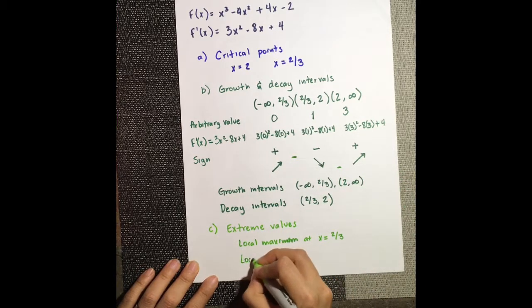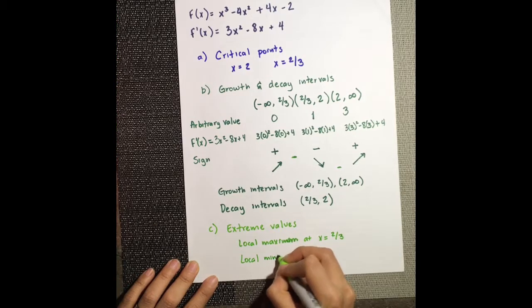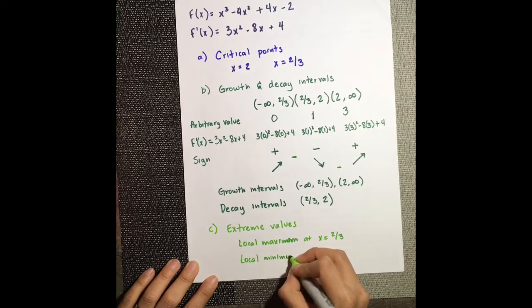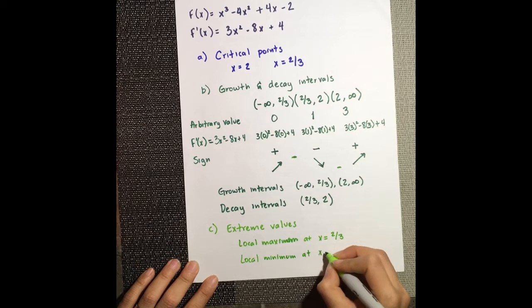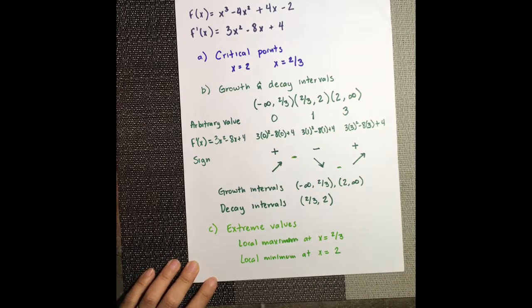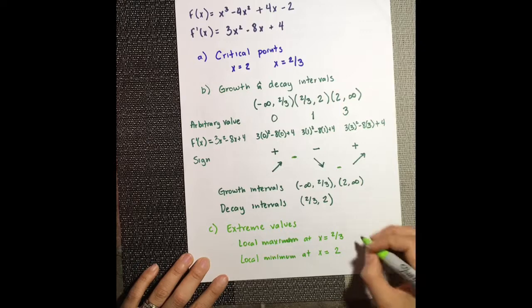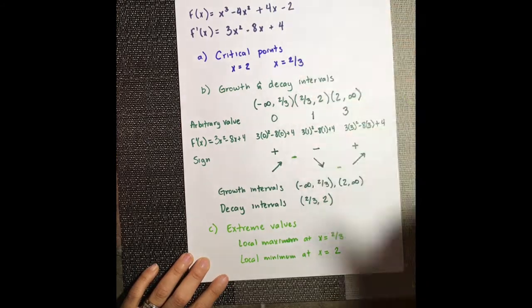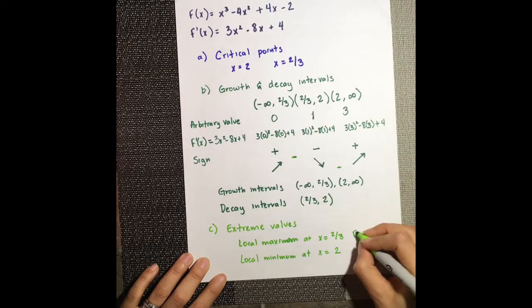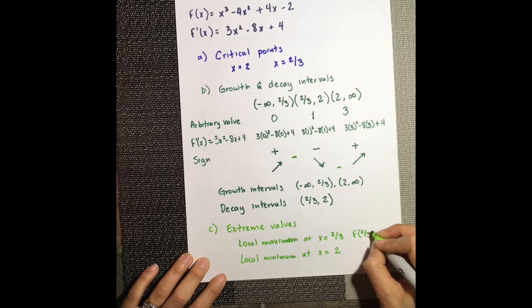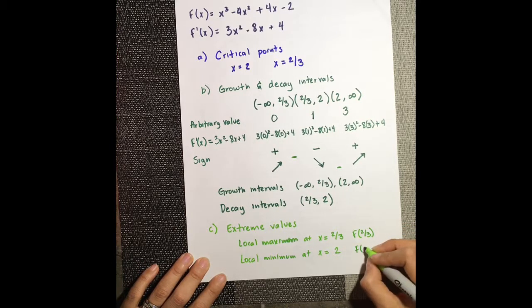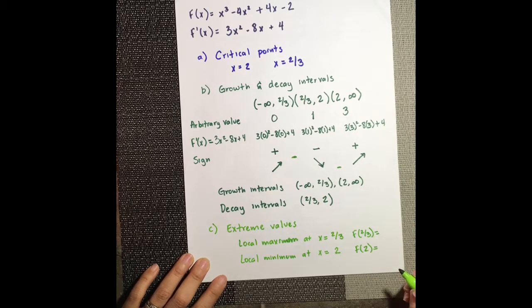And a local minimum at x equals 2. So what we're going to do here is we can actually obtain the exact point for this if we just substitute in our original function. So if we substitute in our original function 2/3 and 2, we're going to get our values.